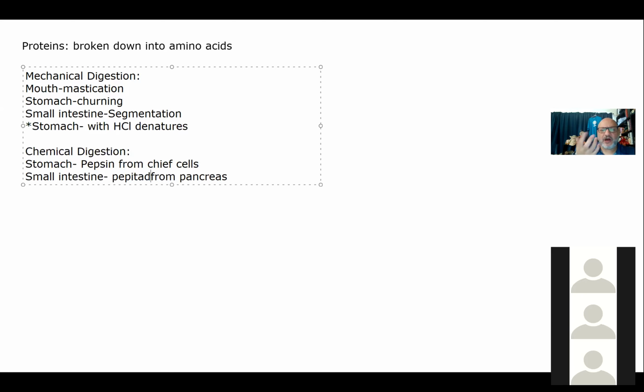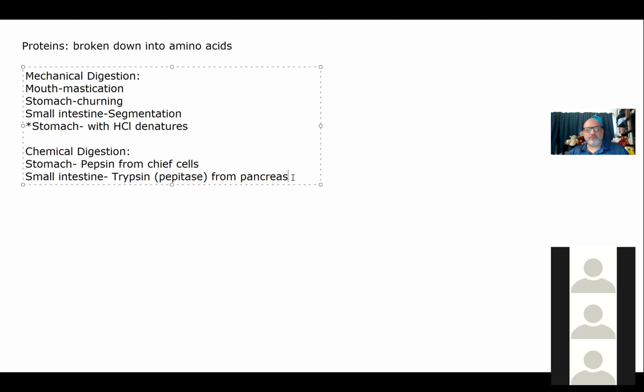What is the most common peptidase that we talked about that came from the pancreas? Trypsin, there we go. Chymotrypsin, carboxypeptidase, absolutely. So all of those are examples of peptidases. Their job is to break up the small peptides that are in there.